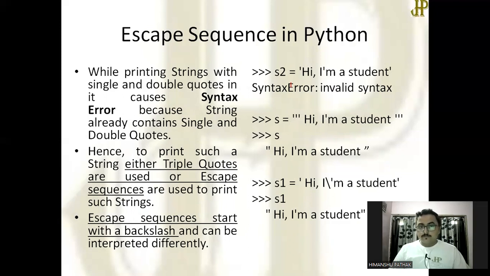Such as if you want to print a tab, there is a button on the keyboard, the tab button, and you know what the working of tab is. It will create 5 or 6 spaces between two characters or two words.